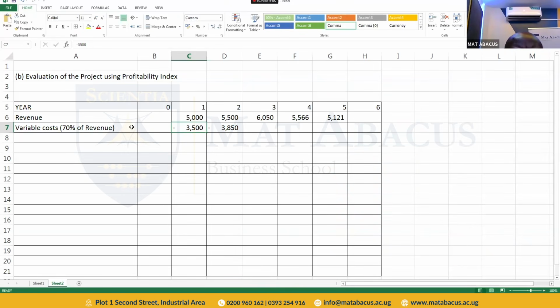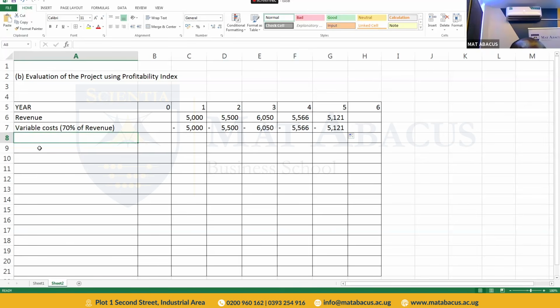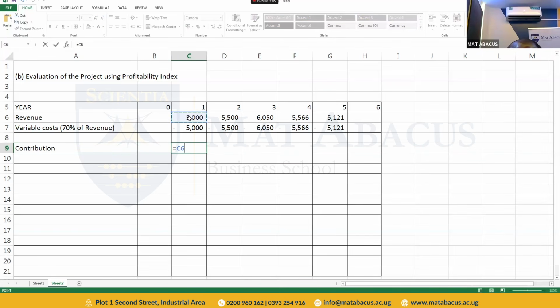We should be reminded that revenue, direct costs were 70% of revenue. So when you see that figure, do not get worried. It is simply 70%. And then we can get our contribution there. If you do know the standard, once you have revenue and variable costs, contribution is revenue minus variable cost.